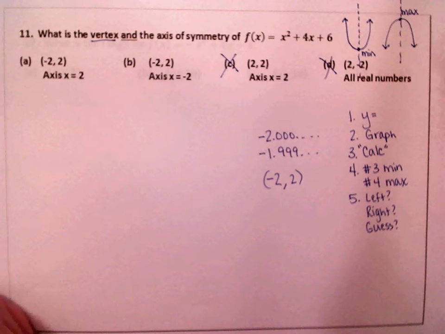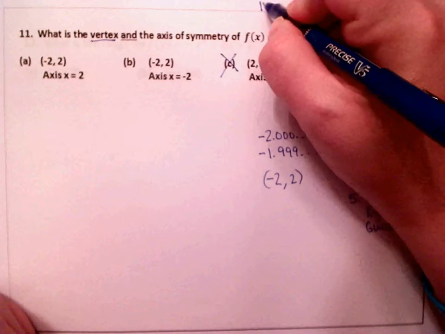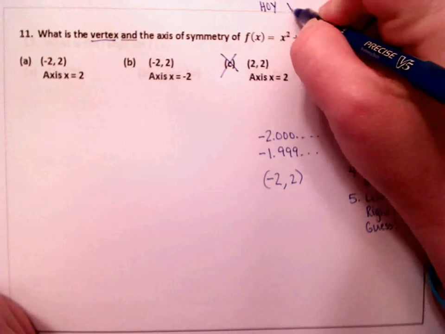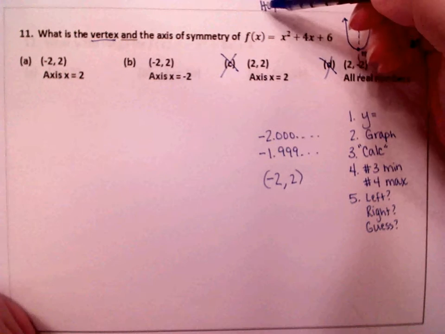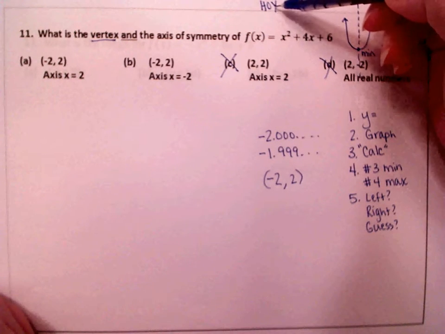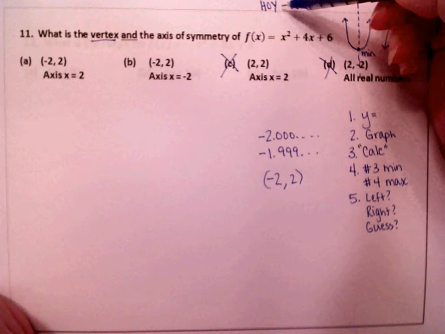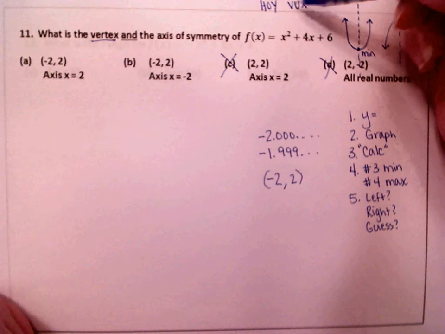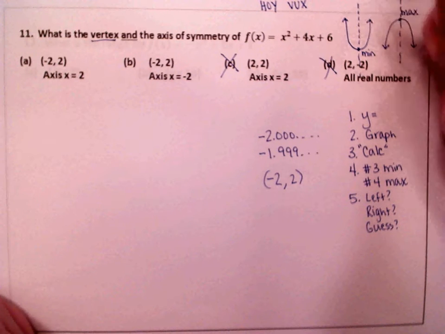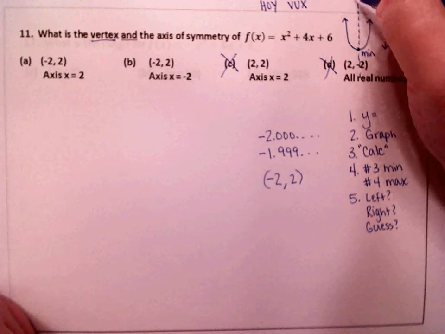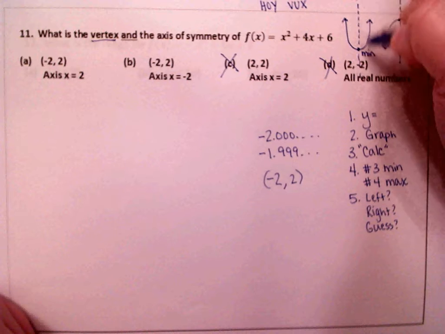Remember, we learned the acronyms HOY and VUX for horizontal and vertical lines. Horizontal lines have a 0 slope, and you write them as y equals a number. Vertical lines have an undefined slope, and their equations are written as x equals a number. So all axes of symmetry are x equals, because they are vertical lines.